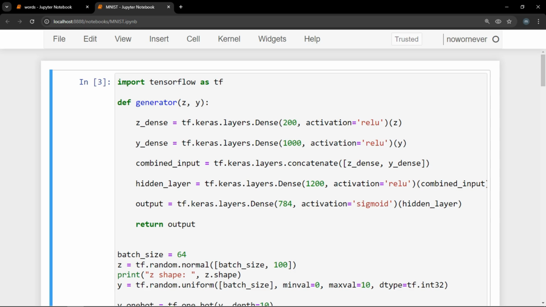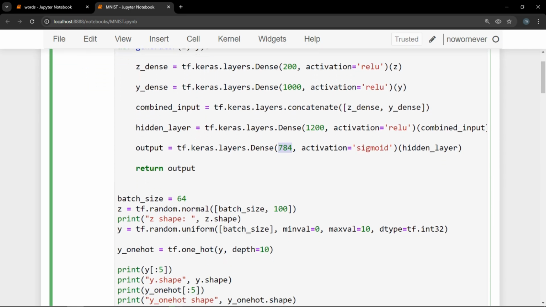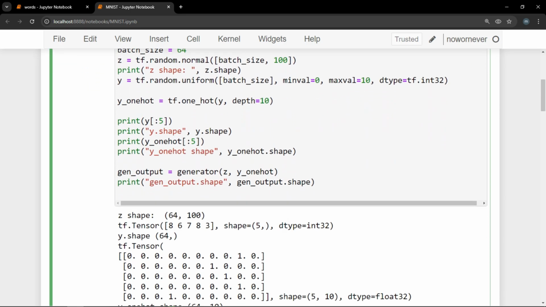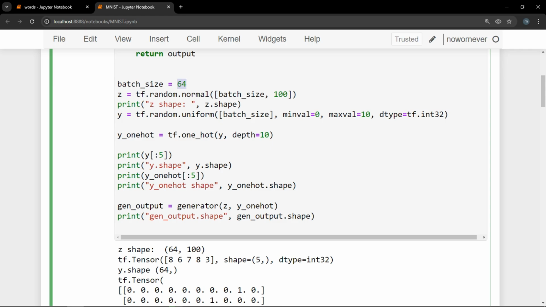Here's a simple implementation of the algorithm using TensorFlow. For G, we pass both the noise and labels, with the output corresponding to a 28 by 28 image. We use a batch size of 64, and for the noise input, we sample a 100-dimensional vector from a normal distribution.